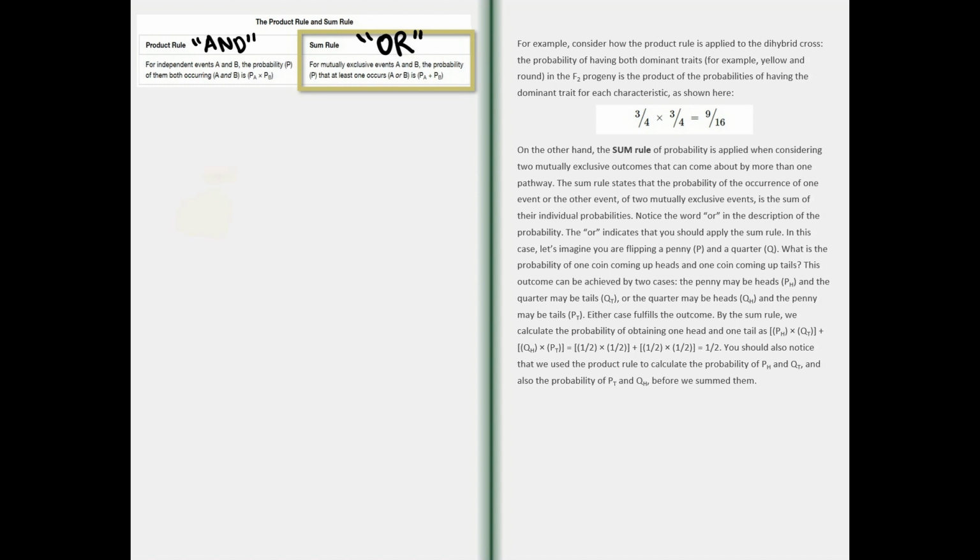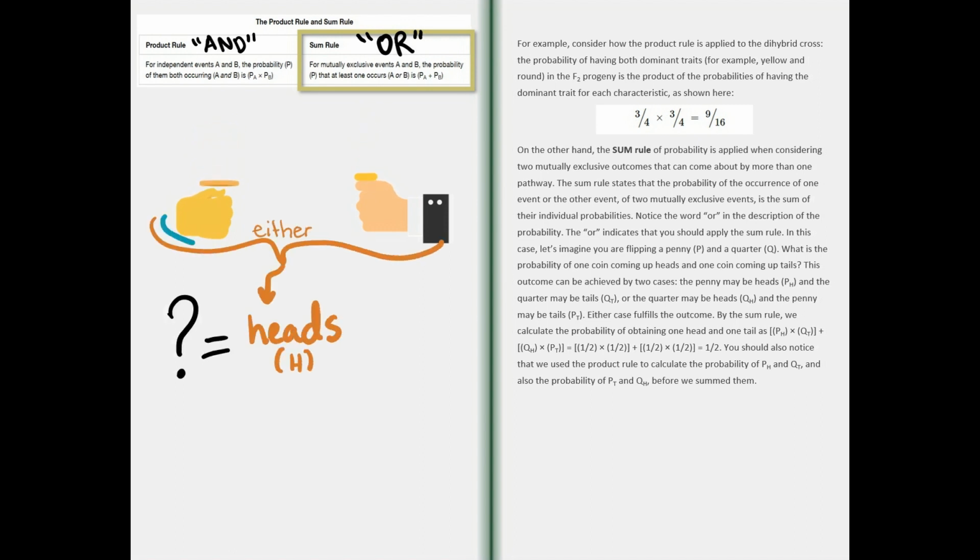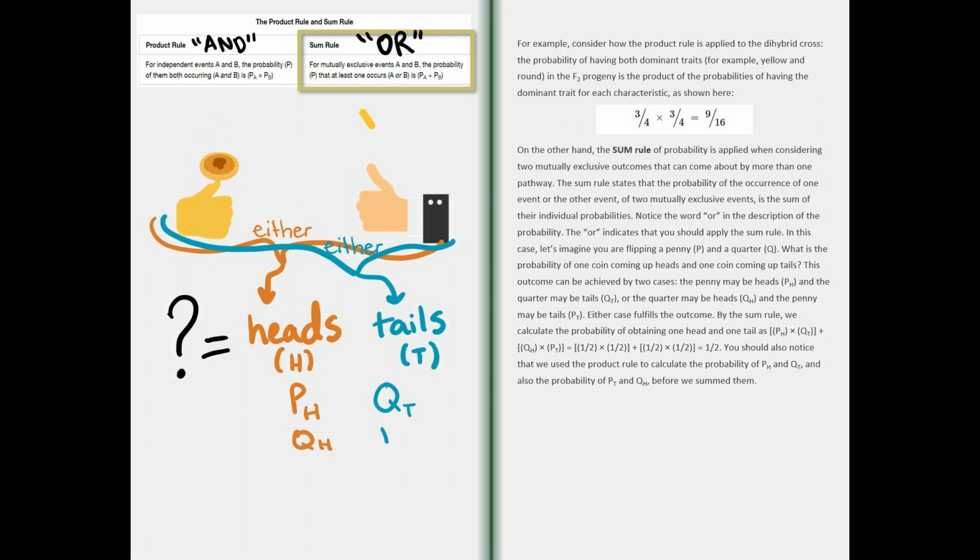In this case, let's imagine you are flipping a penny and a quarter. What is the probability of one coin coming up heads and one coin coming up tails? This outcome can be achieved by two cases. The penny may be heads and the quarter may be tails, or the quarter may be heads and the penny may be tails. Either case technically fulfills the outcome.